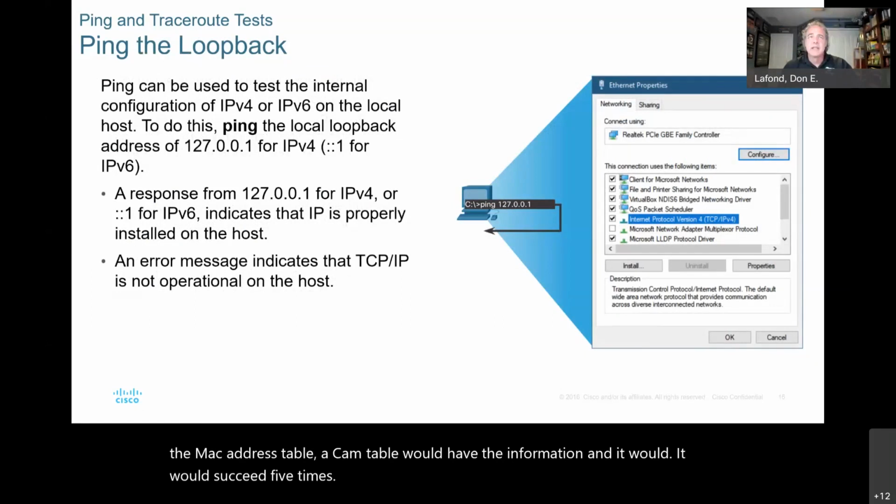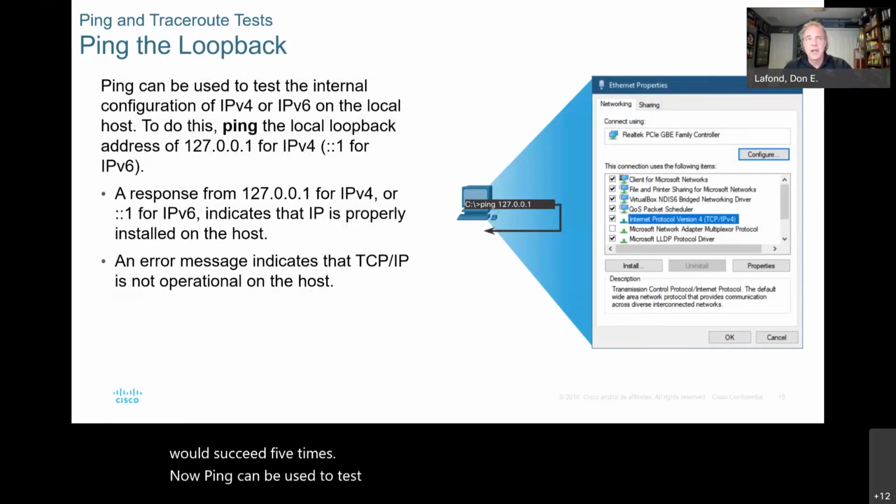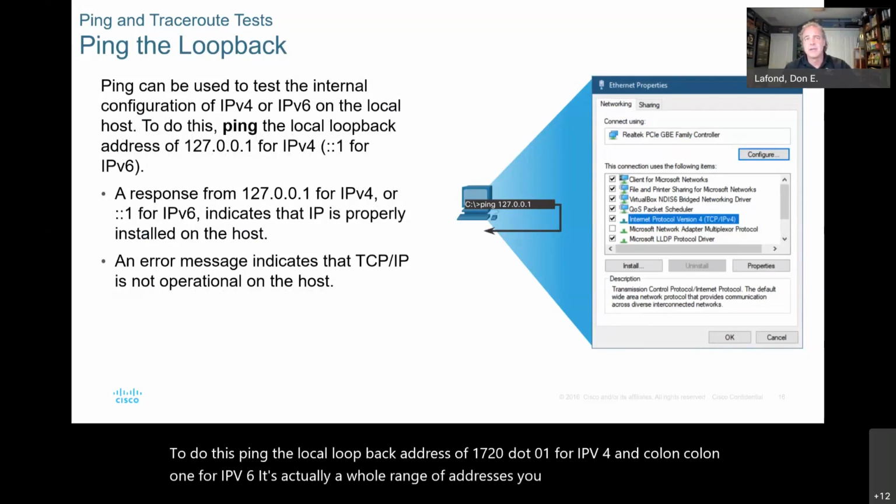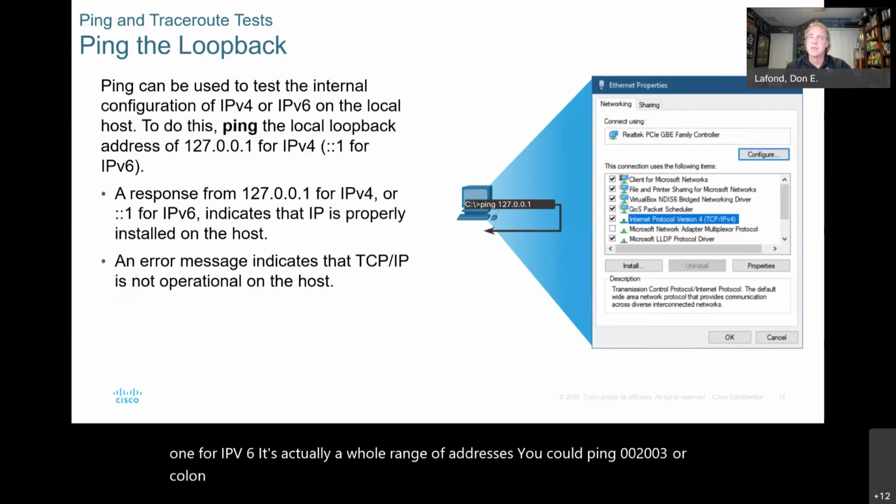Now, ping can be used to test a host's own internal configuration for IPv4 or IPv6. To do this, ping the local loopback address of 127.0.0.1 for IPv4 and ::1 for IPv6. It's actually a whole range of addresses. You could ping 127.0.0.2, 127.0.0.3, or ::2, ::3, and it would work.